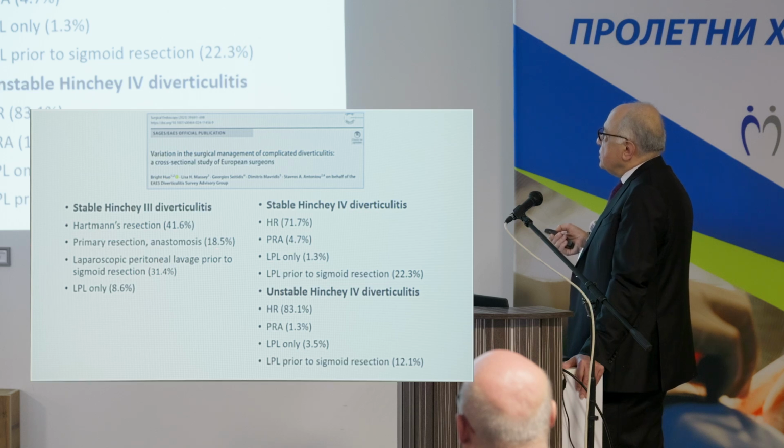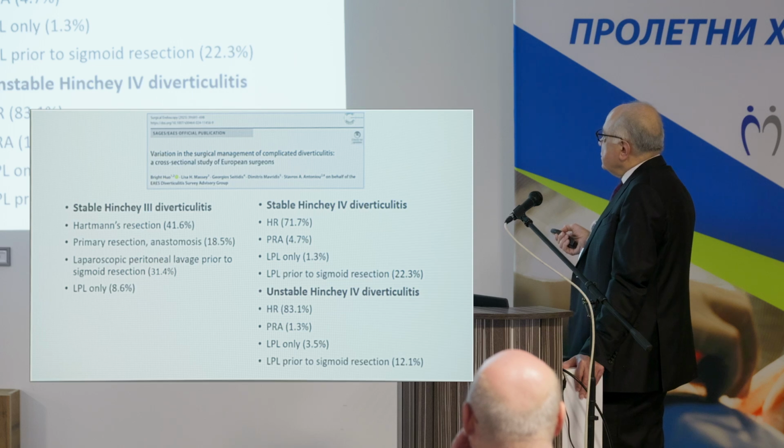The primary resection anastomosis choice is very low, but laparoscopic peritoneal lavage prior to sigmoid resection is a little bit high, and lavage only is around 9%.